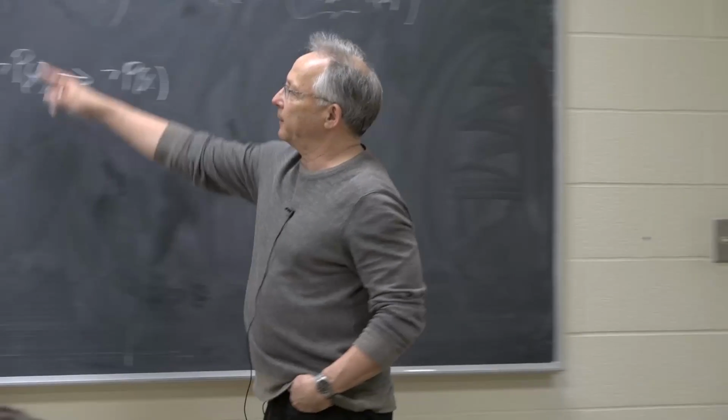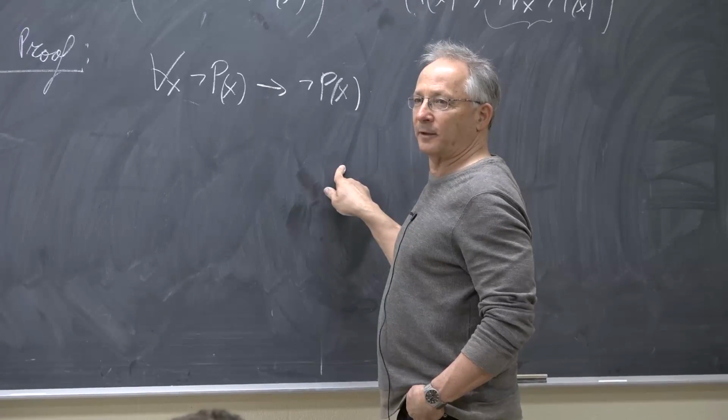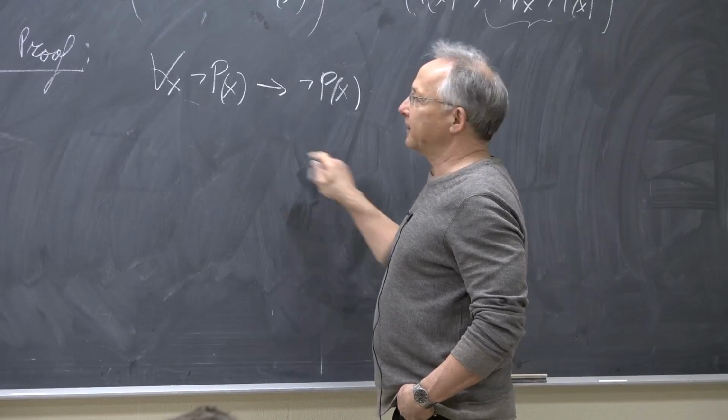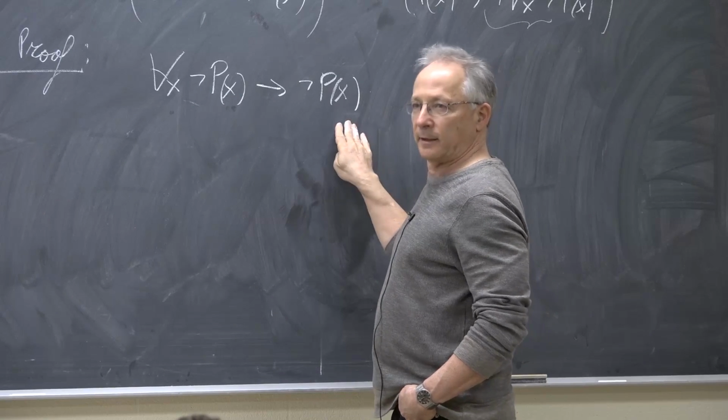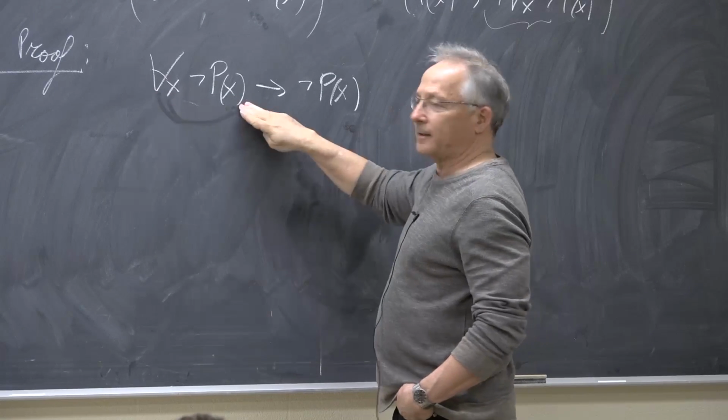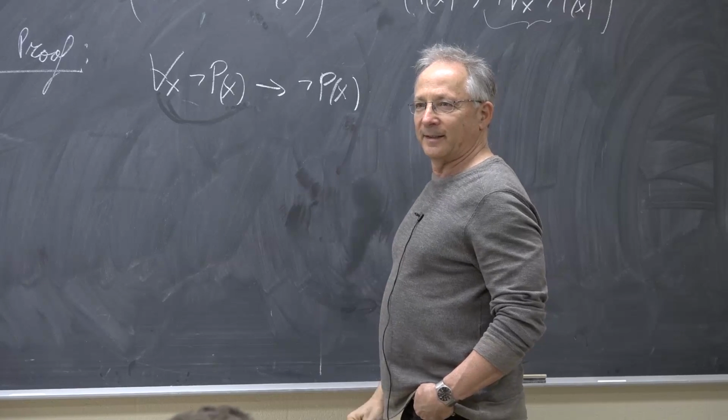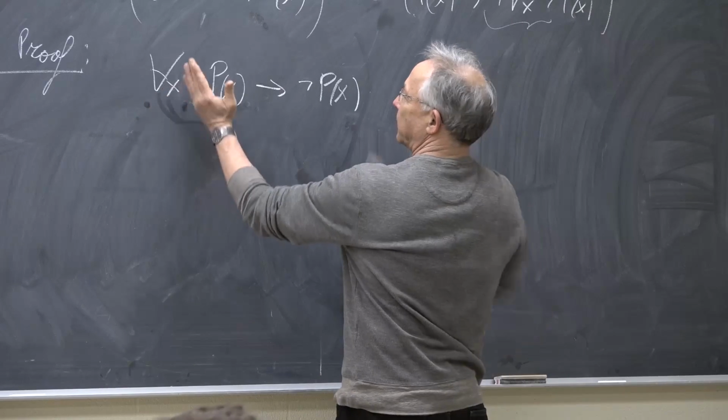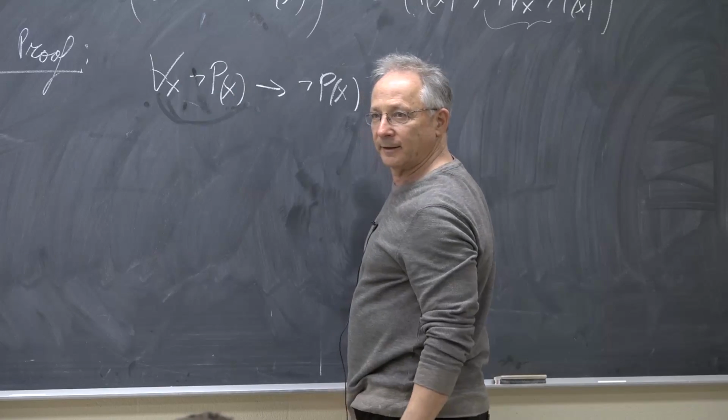But how do I add the for all x there? If I use the last rule, there will be a parenthesis here, but I don't have parentheses. It's not "for all x," this implies this; it's "for all x," this guy implies this guy. So I cannot just say it's a generalization of something that was already there.